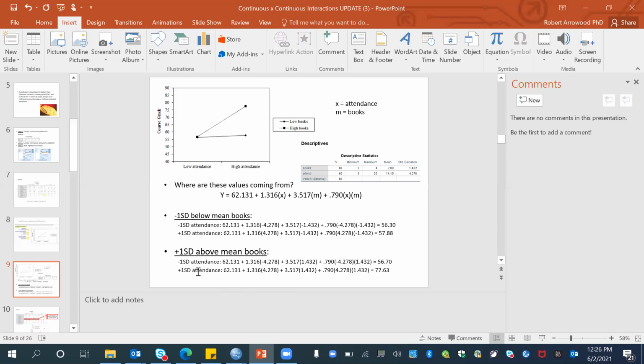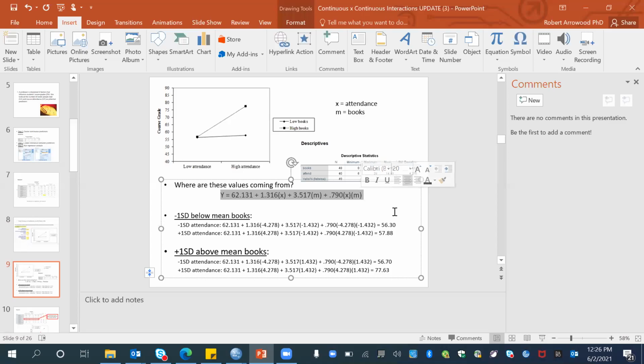But for those who attended a lot of classes and who read a lot of books, they actually scored a 77.63 on average. So again, all that I did was just take the slope equation, y equals b plus mx plus mx plus mx, and just substituted our values in where necessary.